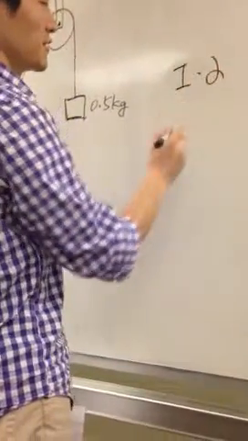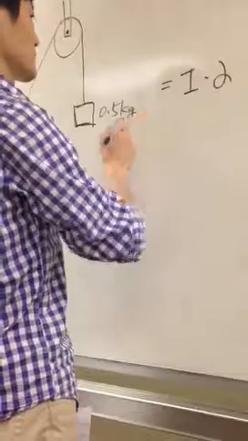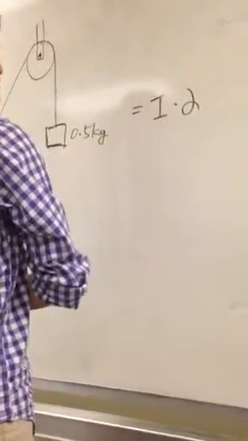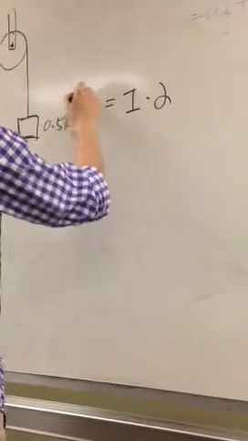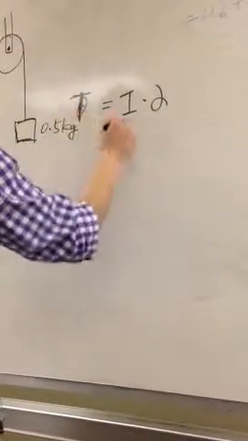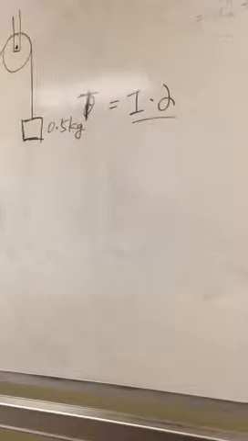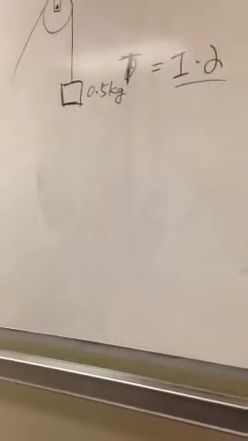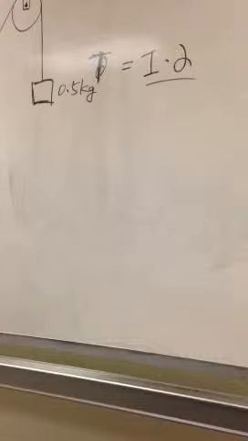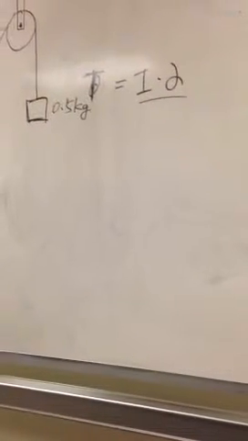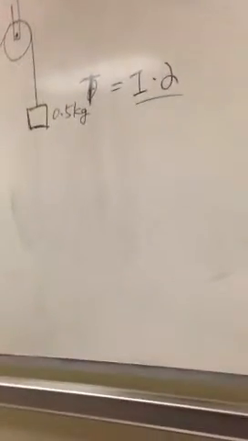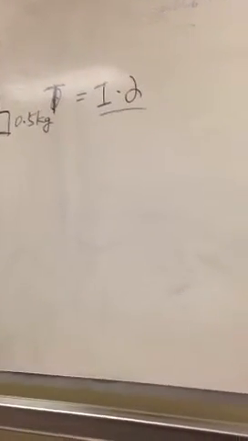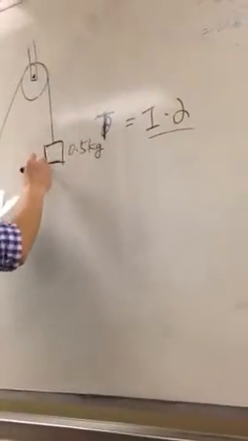I alpha is equal to the sigma torque, and the torque would be the tension times the distance R. And the I, the moment of inertia, is 1/2 MR squared. So yeah, we can try to figure it out.